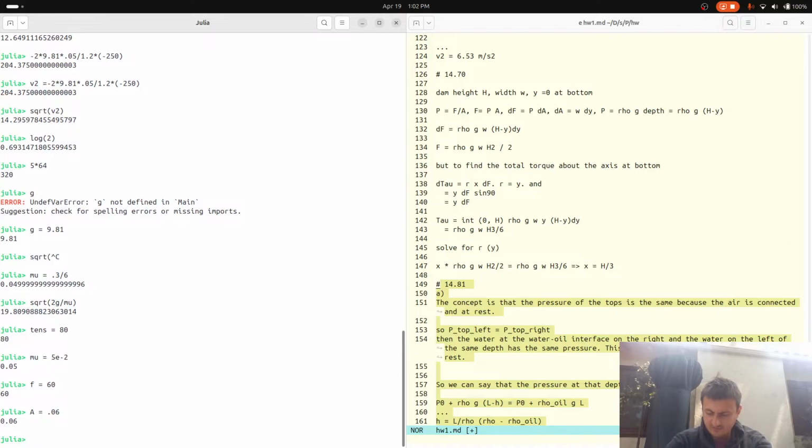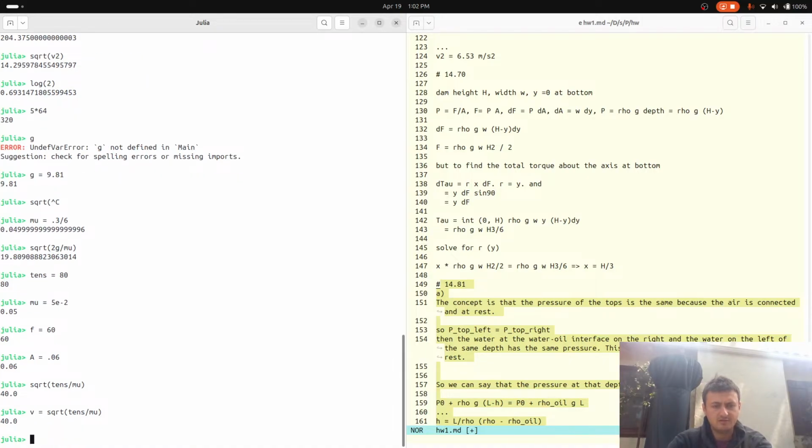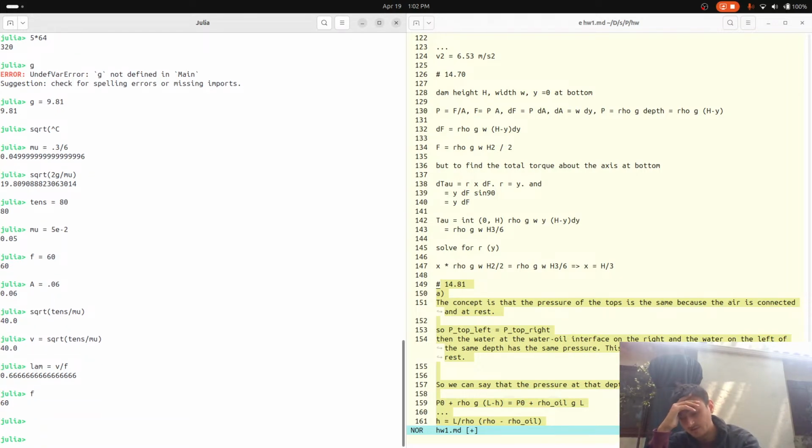So now V is equal to the square root of tension over mu. So this is V. So then lambda is equal to V over F, right? Okay, that looks right.